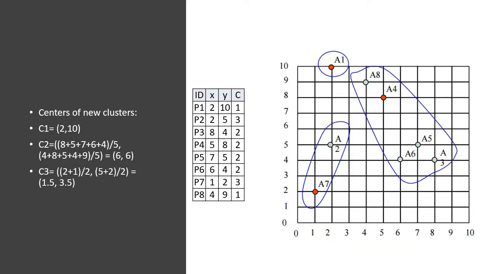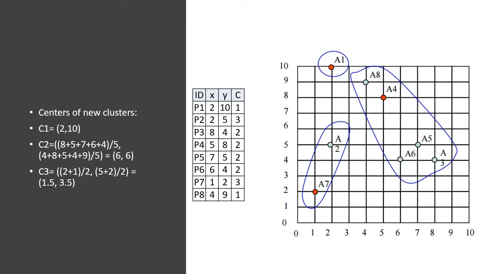Now we see that the points aren't balanced, i.e. each centroid doesn't have an even amount of the data points, so we still have to do another iteration. To do that, we take new centroids. The first one had no data points, so it's just the cluster itself, 2, 10.